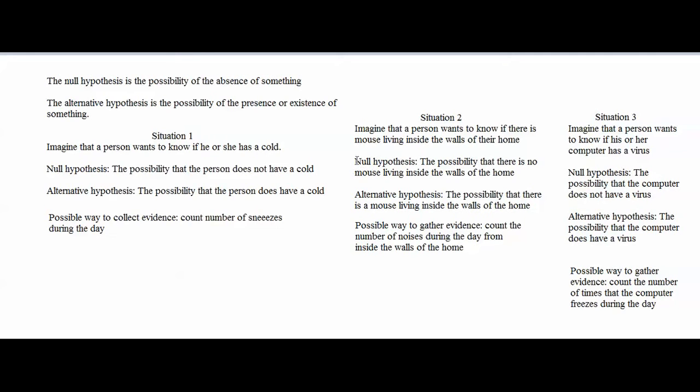That's what failing to reject the null hypothesis means. If I hear 10 noises during the day and I'm convinced that there is a mouse, and I conclude that there is a mouse living inside the walls of my home, then I've rejected the null hypothesis because I've rejected this possibility that there is no mouse, and I've decided that I think that there is a mouse.